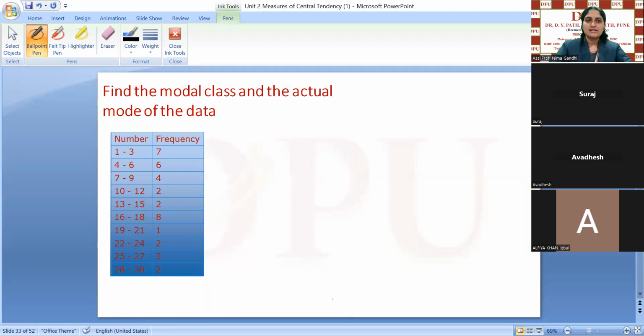Okay, so let's take an example. Now here in this case, again, the classes are not continuous. If the classes are not continuous, the first thing you have to do is make them continuous.